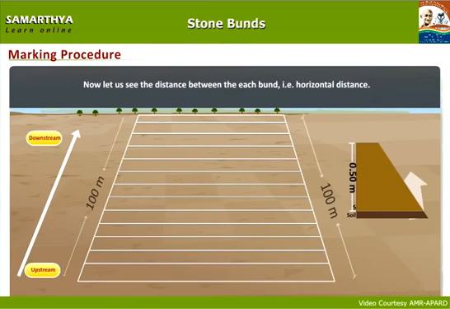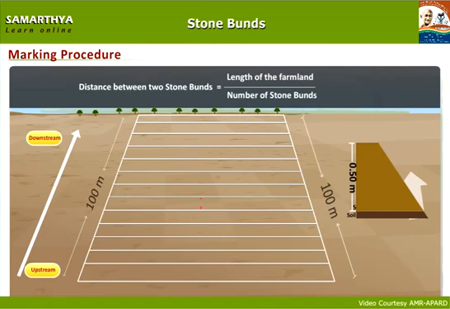Now let us see the distance between each bund, that is horizontal distance. We have to use the following formula to determine the distance between two bunds. Distance between two stone bunds is equal to length of the farmland by number of stone bunds.